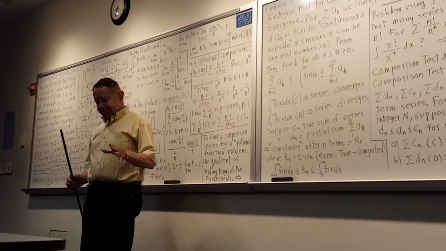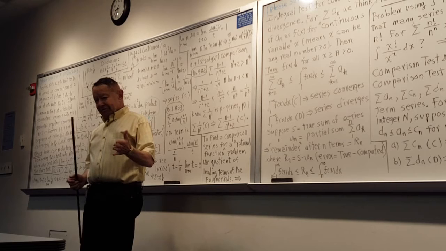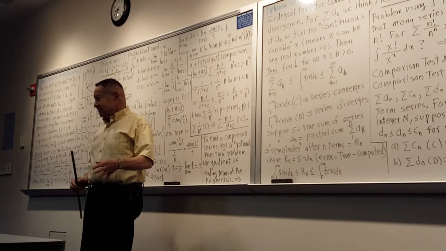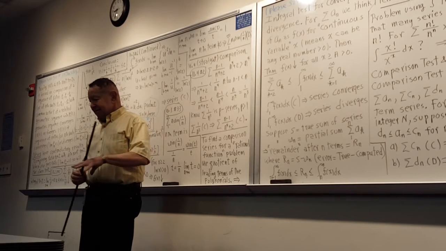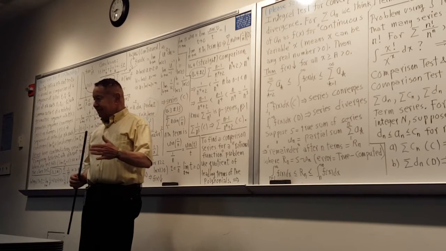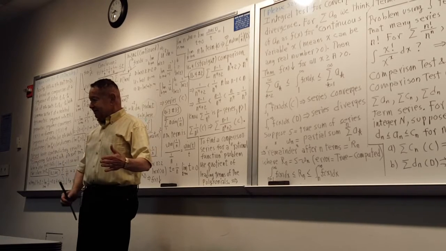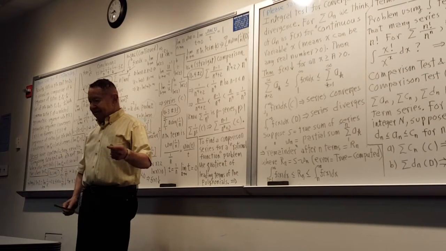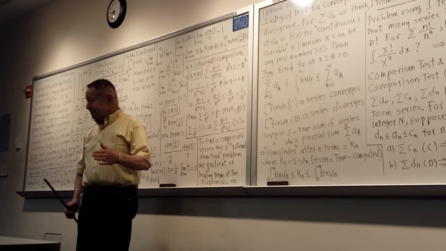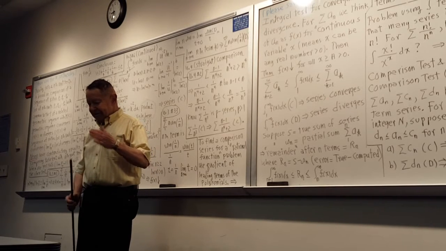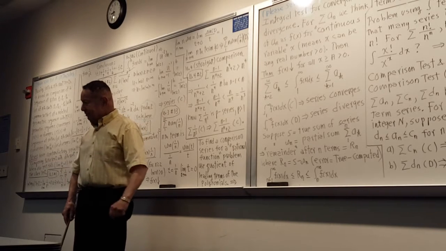Remember that the first 20 terms, or 200 terms, or even 2 million terms of a series aren't what determine convergence or divergence, because that's still a finite sum, even if it's a lot of terms. So convergence or divergence is from this point on forever, yes or no.